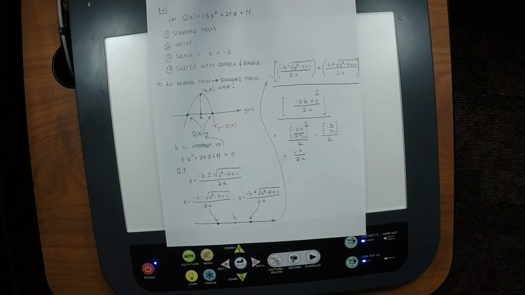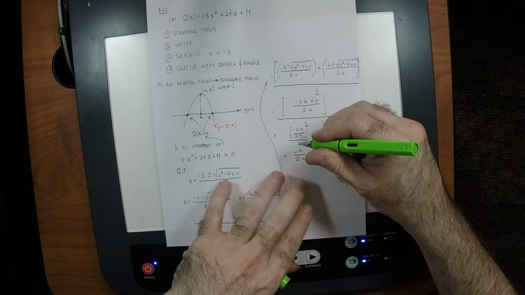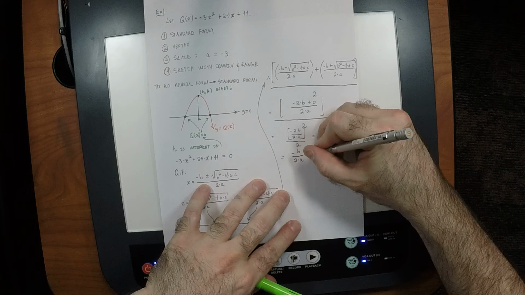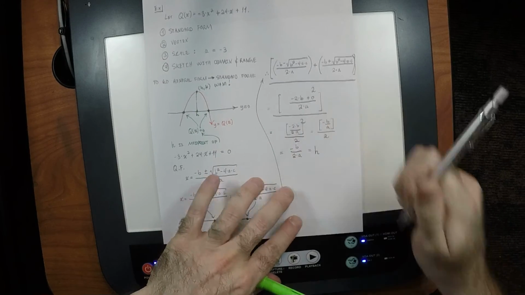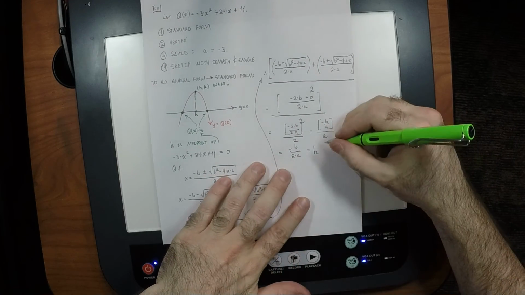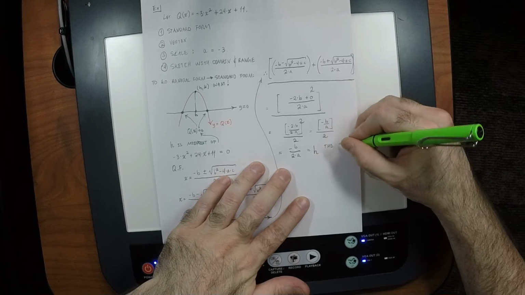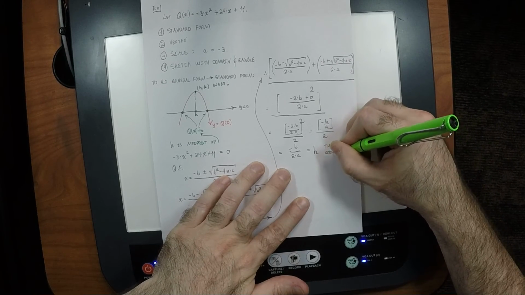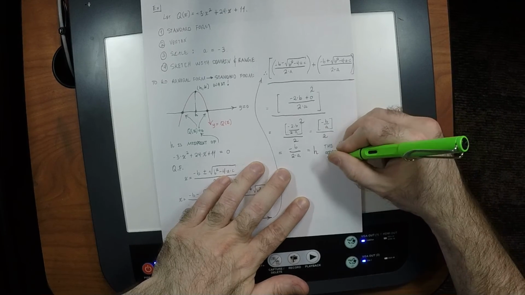So what this is, this is the horizontal coordinate. This is h. The horizontal coordinate of the vertex.